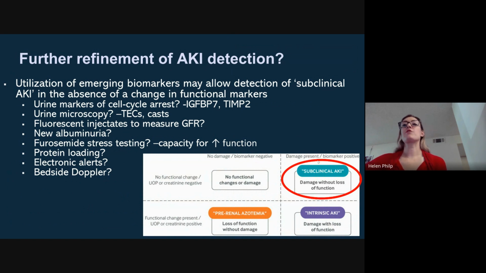All of this is really trying to pick up this population, not just the pre-renal azotemia patients, but the subclinical AKI. They have suffered some kidney damage, but there's no loss of function and no change in creatinine or urine output. So there are lots of possibilities for the future of how we may be able to pick up AKI a little bit quicker, at an earlier stage, and before there's been loss of function.